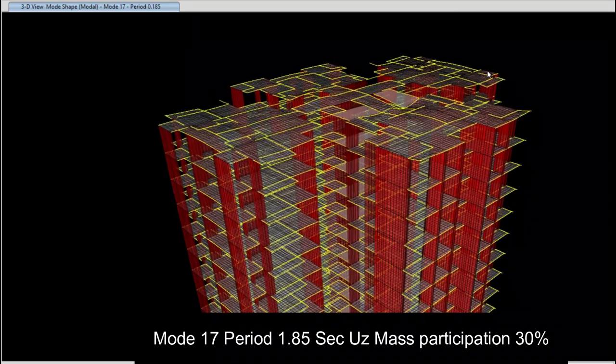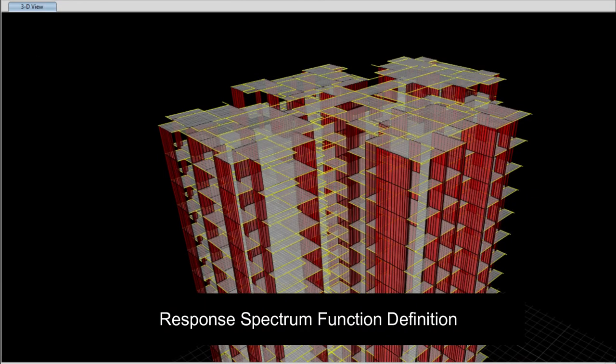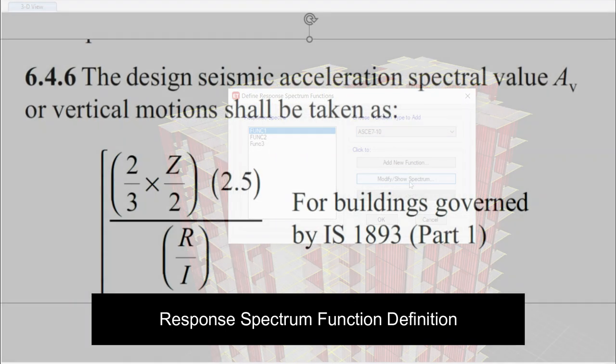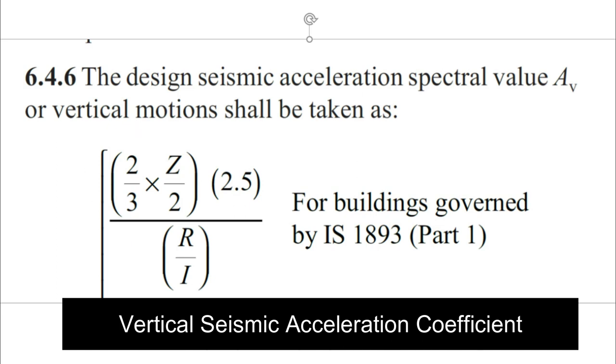So we have seen the non-linear time history of cantilevers, and also the modes. Now let us look at 6.4.6, which defines the seismic acceleration spectral value AV. We have already seen it is 2 by 3 into Z by 2 into 2.5 divided by R by I. In simple language, it is a response spectrum with a horizontal line with an ordinate of 2 by 3 into 2.5.